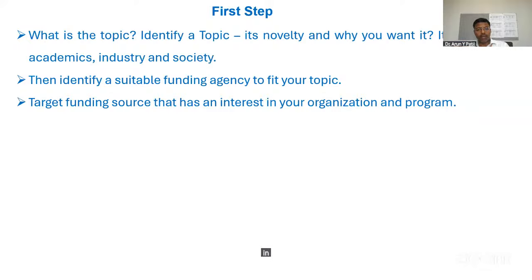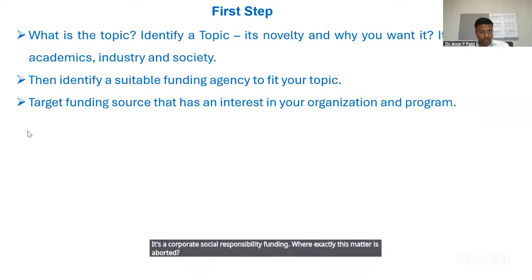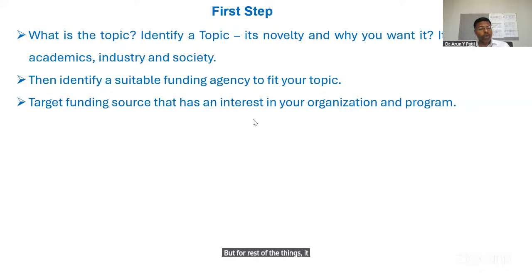I personally feel this might be helpful when you are going for CSR, corporate social responsibility funding, where this matters a lot. But for the rest, it is purely your profile and the co-PI's profile which matter a lot.